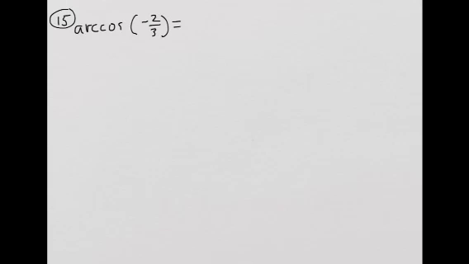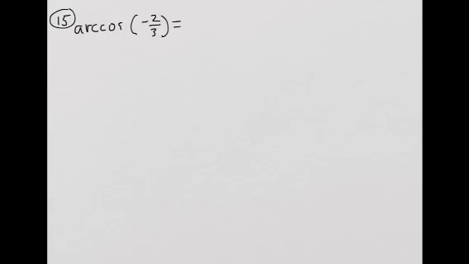Alright, so number 15, -2/3 is not a ratio associated with one of our special angles for cosine. And the giveaway is that it tells you to round off the number to 2 decimal places. Round off your answer in radians. So first off, you've got to make sure that you're in radians. And so for cosine of -2/3, that's not a special case, and your calculator is programmed to give you that answer.